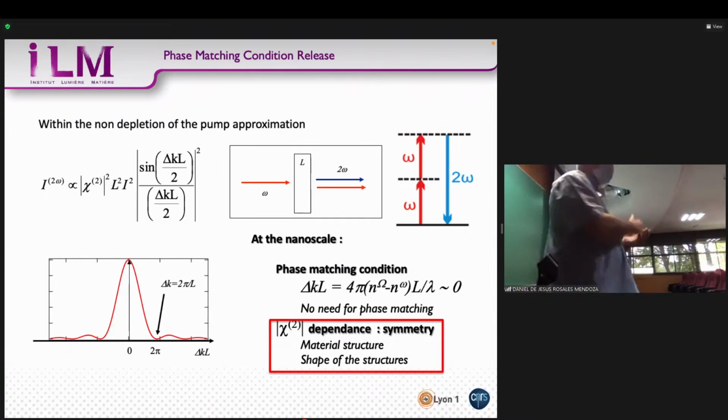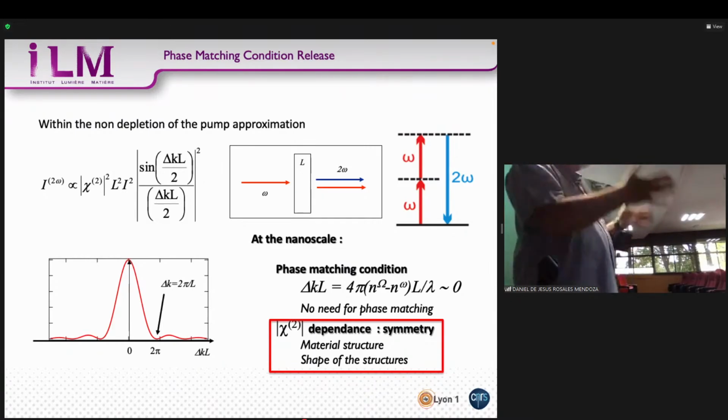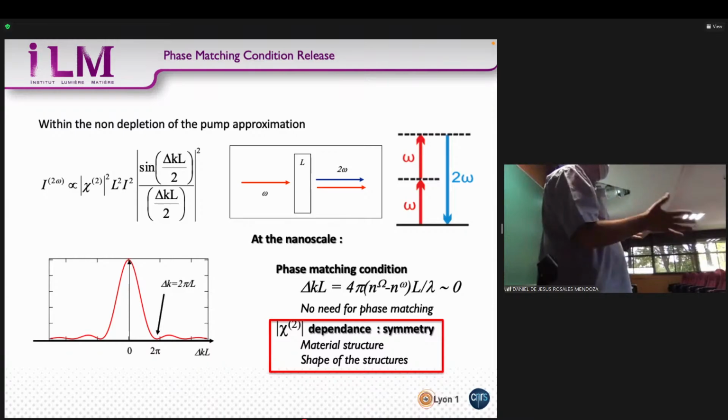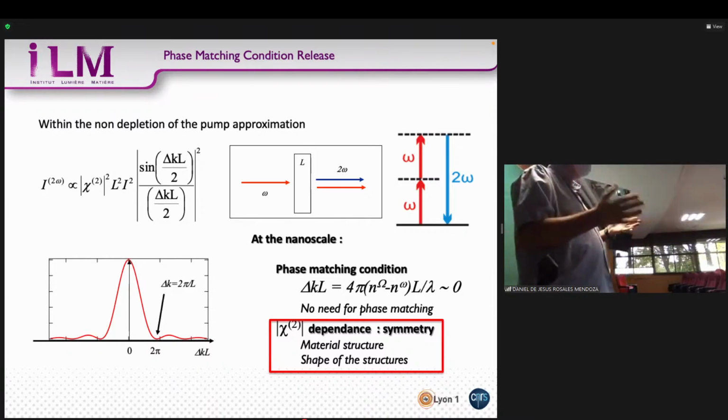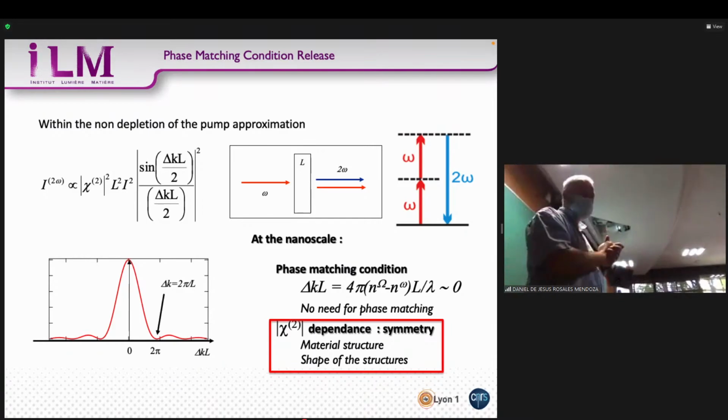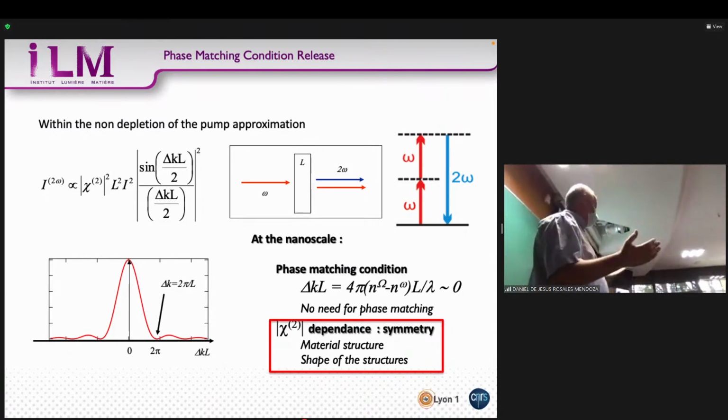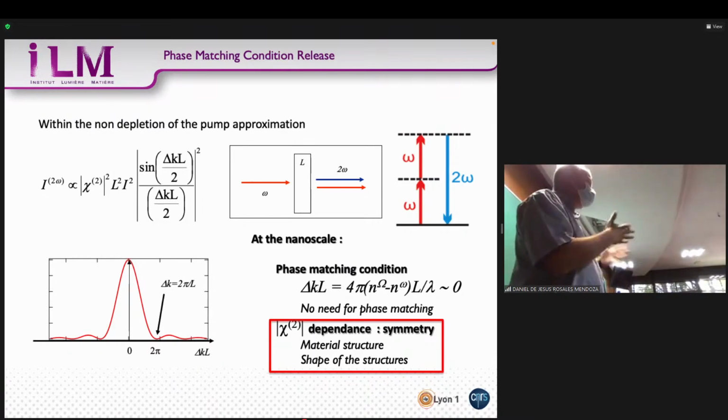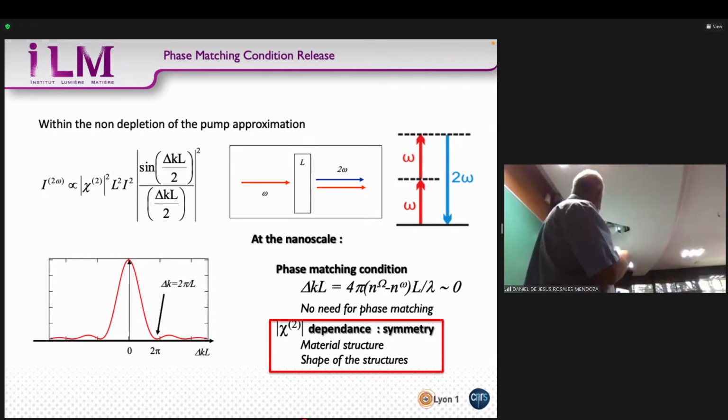However, if we go to the nanoscale, you see that the size of the material, L, is much smaller than the wavelength. Therefore, this delta k L condition is always fulfilled. And therefore, what we're going to do is actually forget about phase matching. What we're more interested in, if you look at the intensity, is the other knobs, in a sense. We have the intensity, of course, but there are limits.